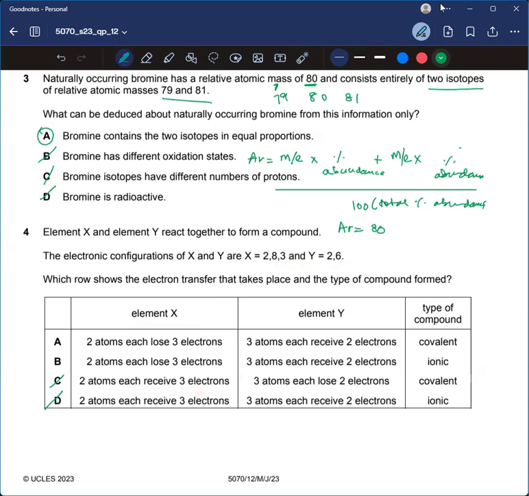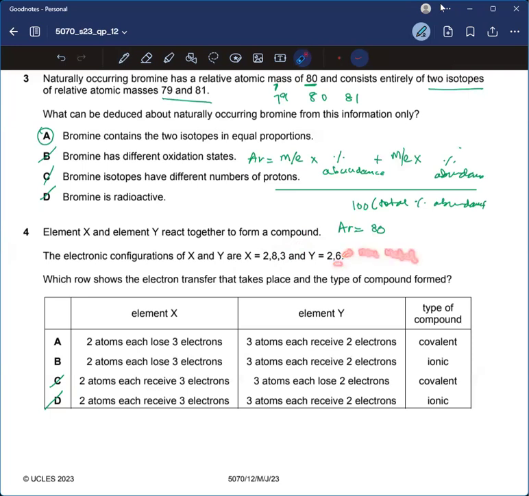And then we have A and B, which have the same description for element X and element Y. And we have to choose from covalent or ionic for the type of compound. So as we can see, 3 outer shell electrons means group 3, which means it is a metal, and 6 outer shell electrons means group 6, which is a non-metal.